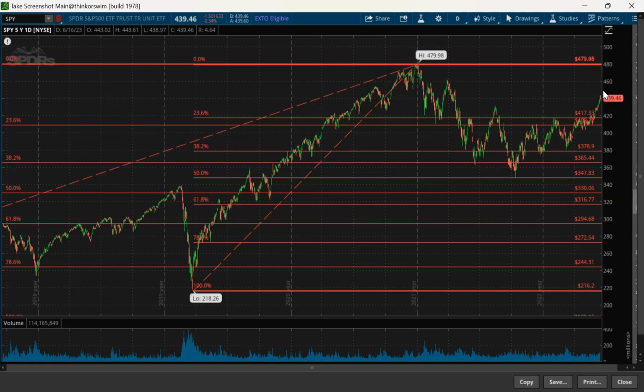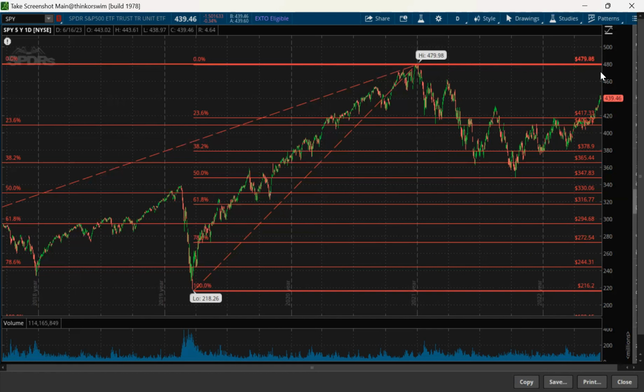There are going to be a few days where we're going to have red candles, right? But this is going to start to oscillate, but the average is going to be going up. And by the end of the year, if not earlier, we're going to test the high.